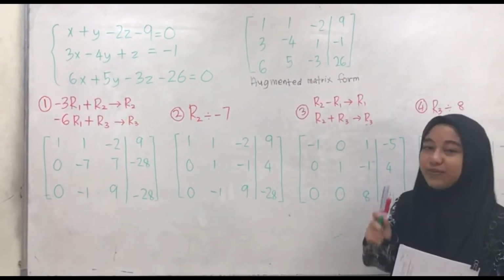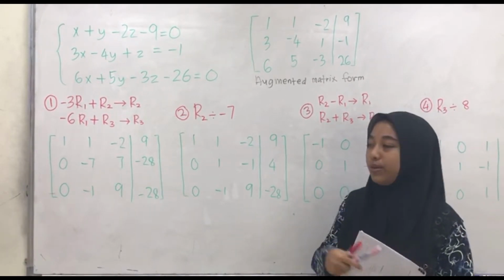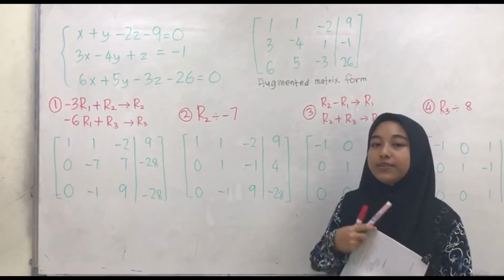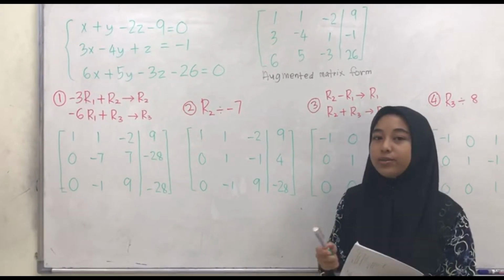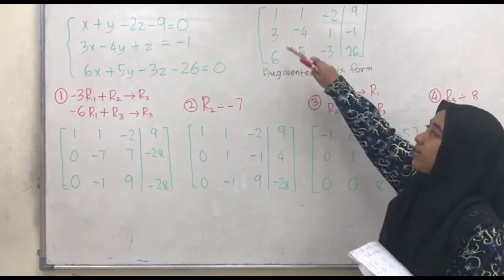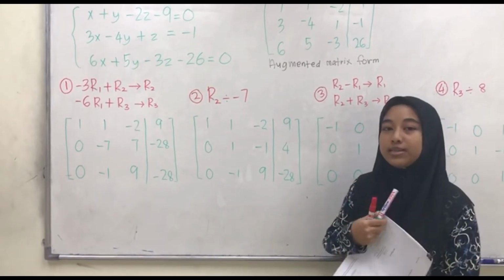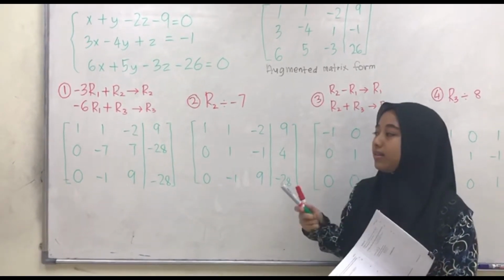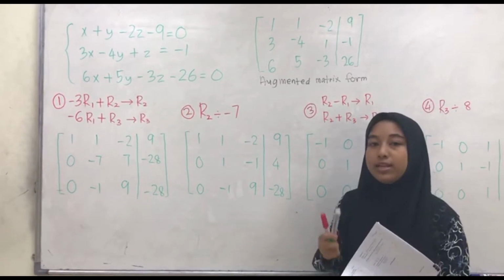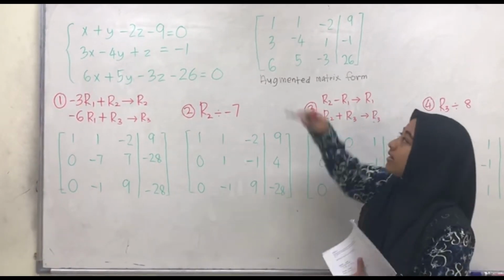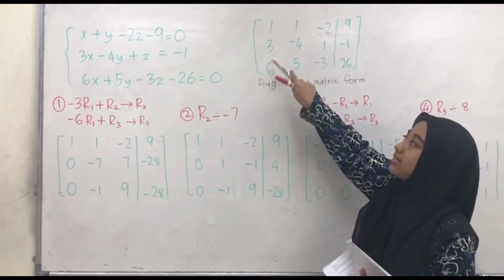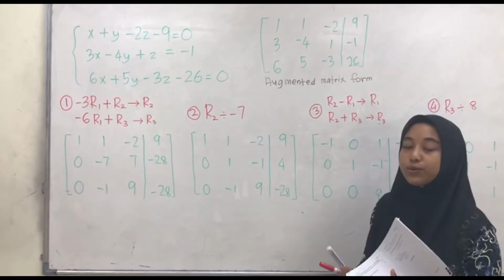First of all, we want to make the leading entry in row 1 become 1, but we already have it as we can see here. So the next step is we want to make 0 for the numbers below the leading entry 1 in row 1. These two numbers, 3 and 6, we want to make become 0. How?